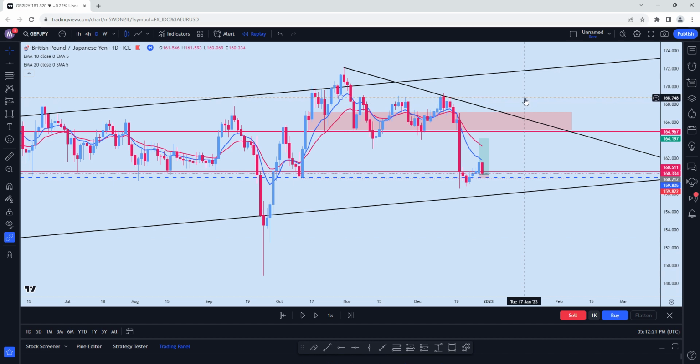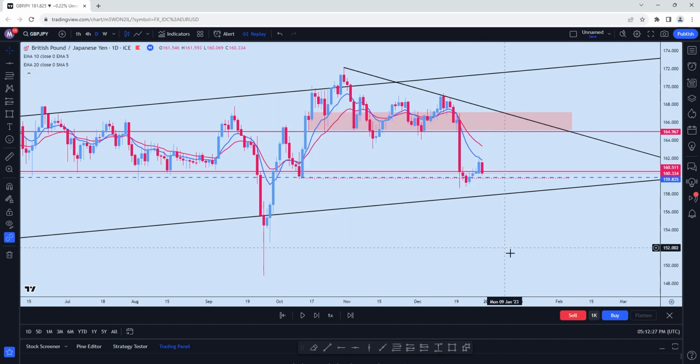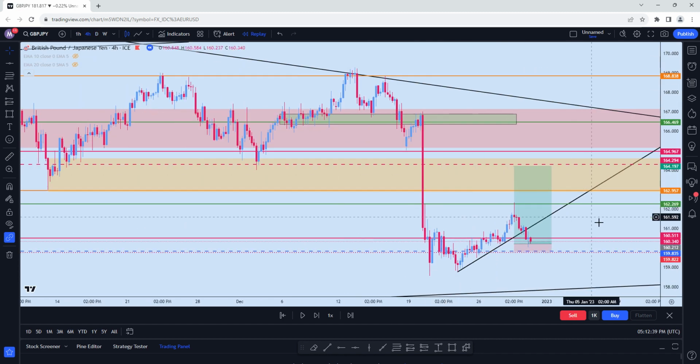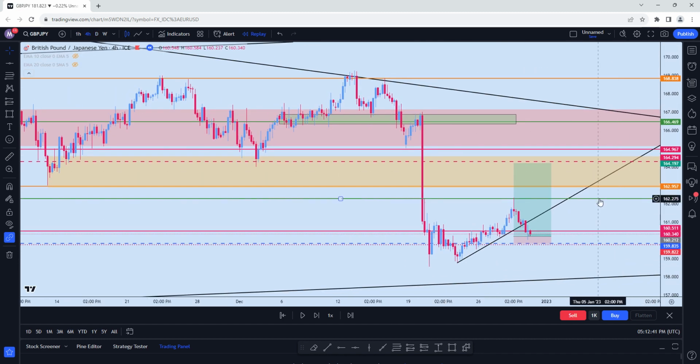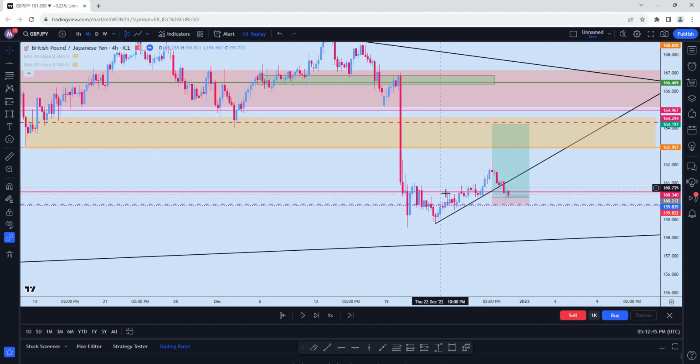That's where we are right now. Daily saying it's going to go lower, whereas H4 says it's going to go lower as well because it's broken this key trend line.